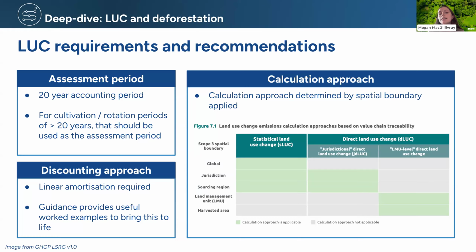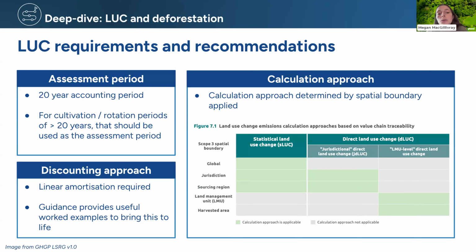So what that means is that most emissions are allocated to the years directly after the conversion event, with decreasing amounts the further away you get from the event. And the guidance provides some really useful worked examples on this, particularly showing how the calculations would add up if there have been multiple land use change events within that 20-year assessment period.